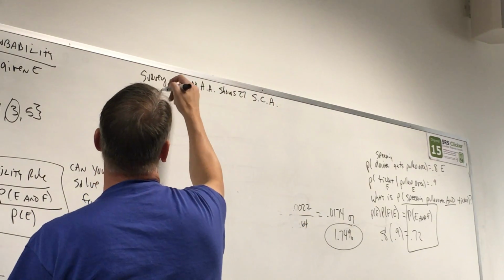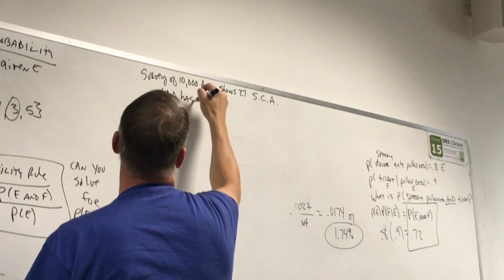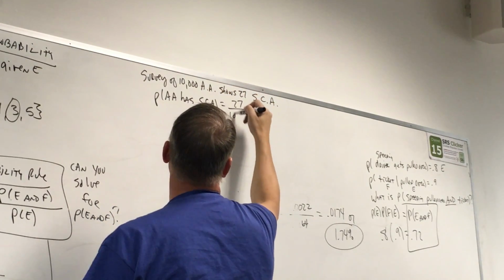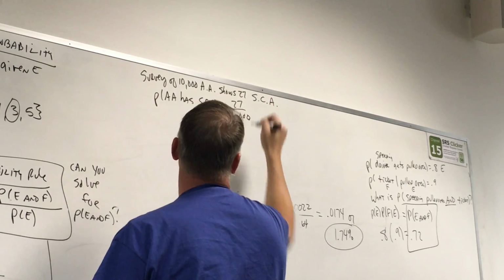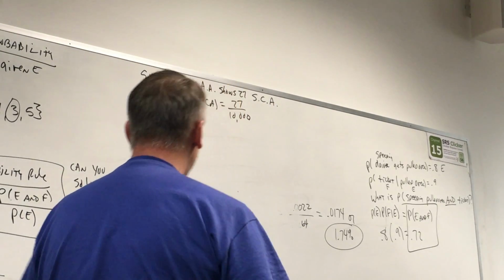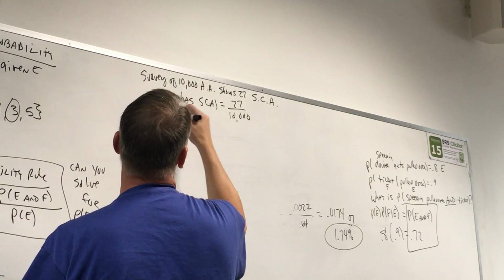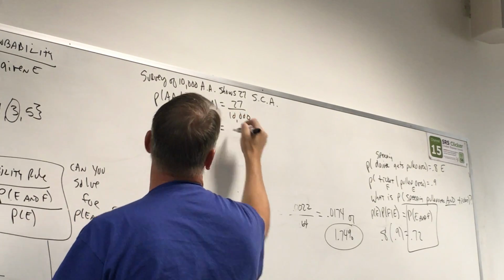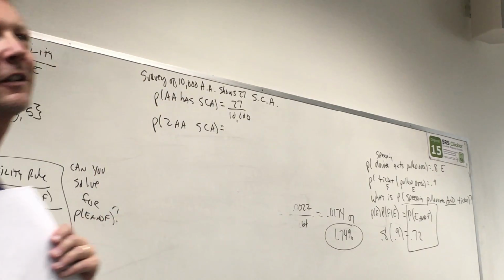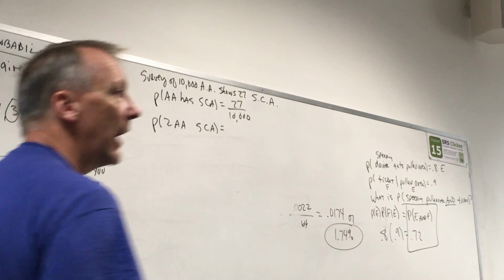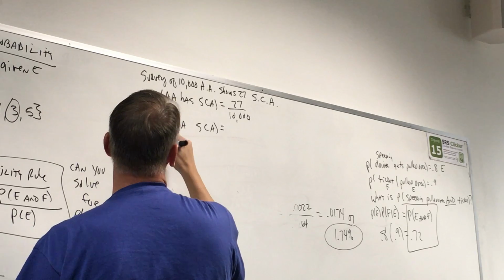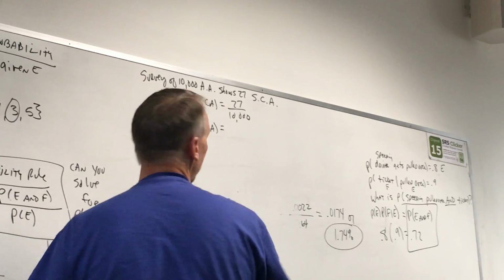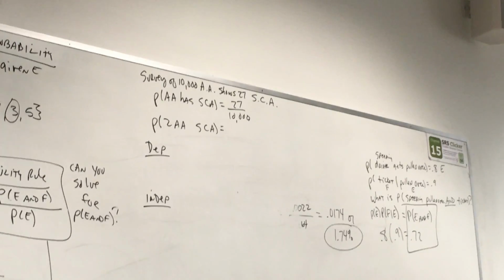So the probability that an African American has sickle cell anemia is simply 27 over 10,000. Now my question to you is, what's the probability that 2 African Americans have sickle cell anemia? I'm going to do this quickly because I know we're out of time. Now the question is, can I assume that they're dependent or can I assume that they're independent? We're going to do this both ways to see what the difference is.